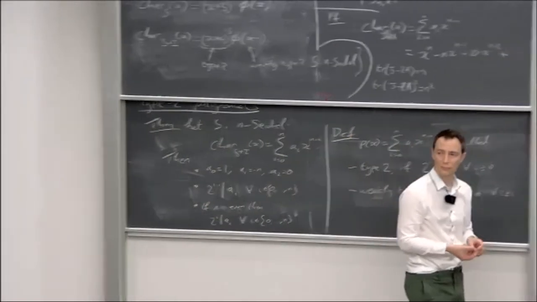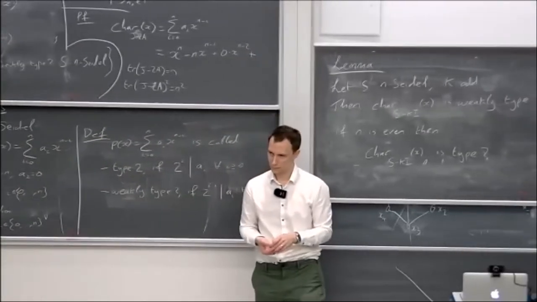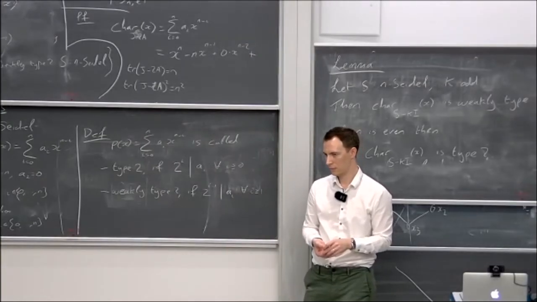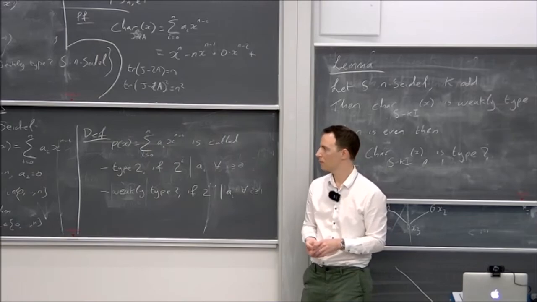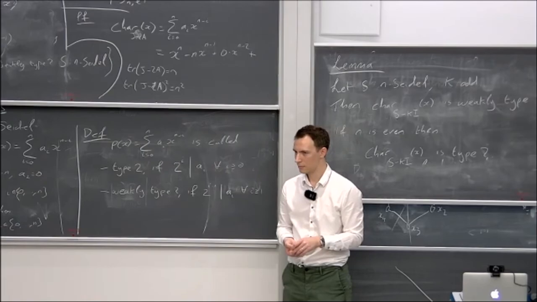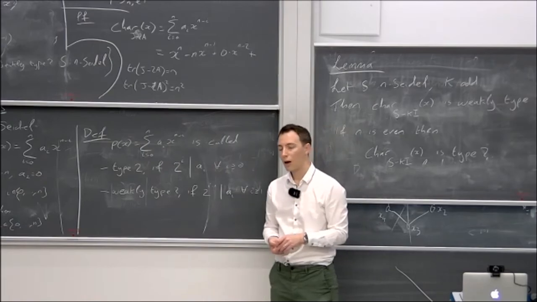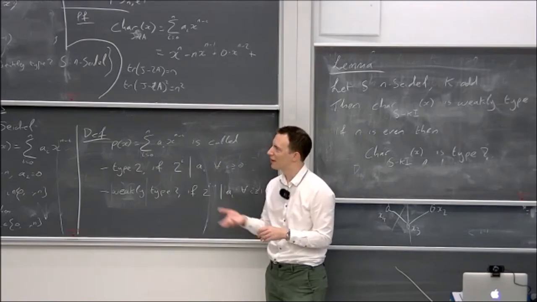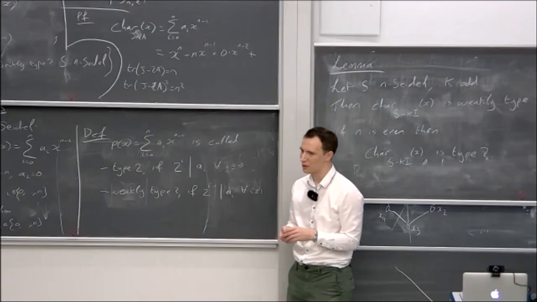Is there any hope of characterizing Seidel matrices whose characteristic polynomial is divisible by something like x squared plus x plus 1, or some small degree polynomial? Rather than go into the database of all possible degree 14 polynomials, could you rule out things divisible by small degree polynomials? I'm not sure. We haven't tried such approaches. I'm not sure how to do that. Yeah, that could be another way to think about it.